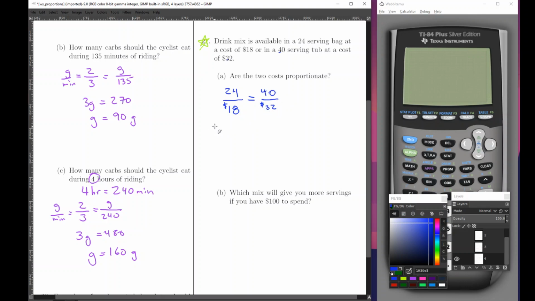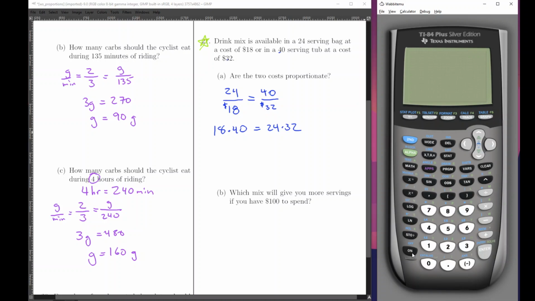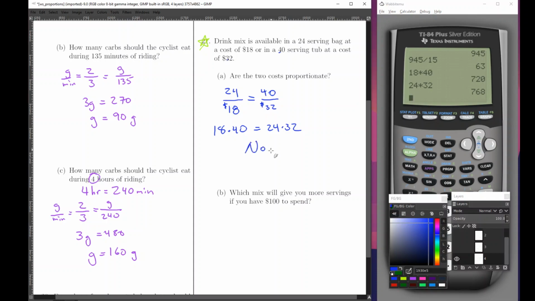Let's cross multiply. 18 times 40 is equal to 24 times 32. It's looking like no. Calculator, make me certain. Ooh, I'm wrong. So, no, because they're not equal.